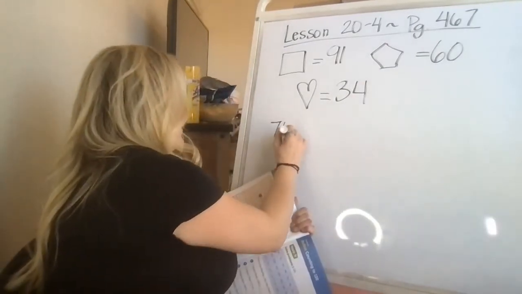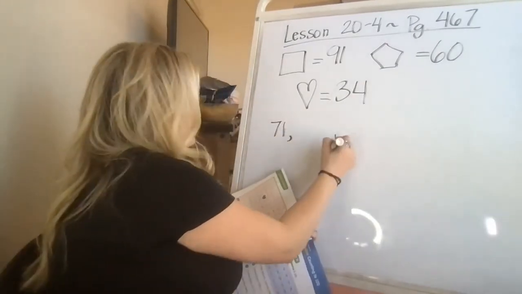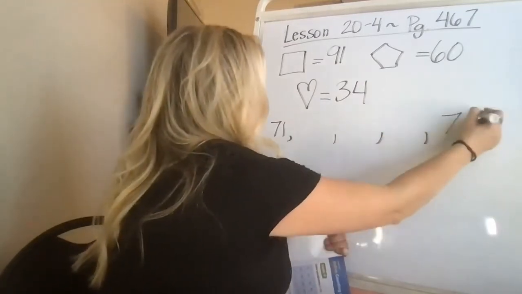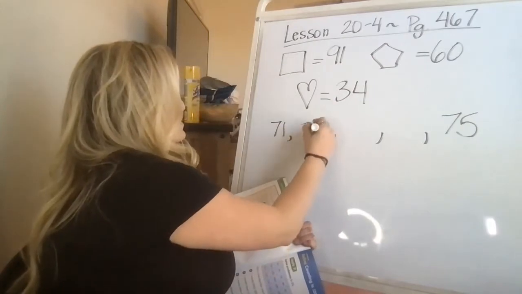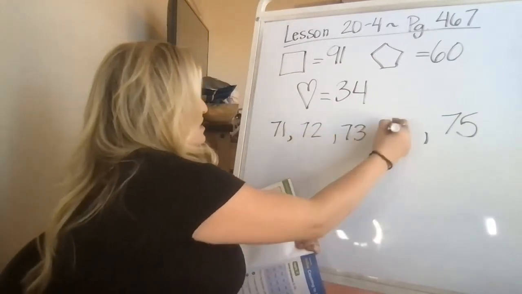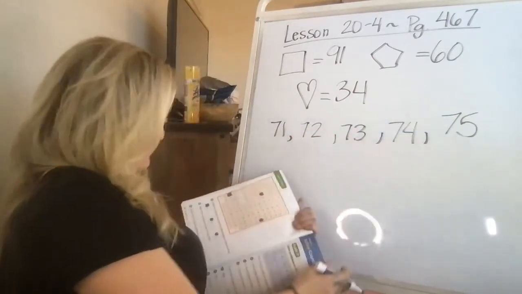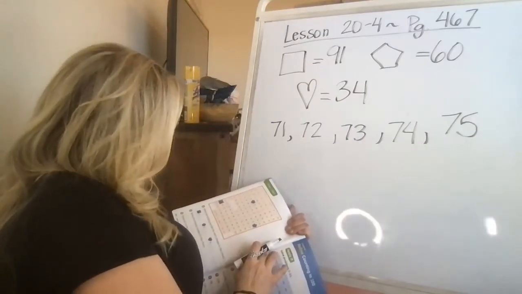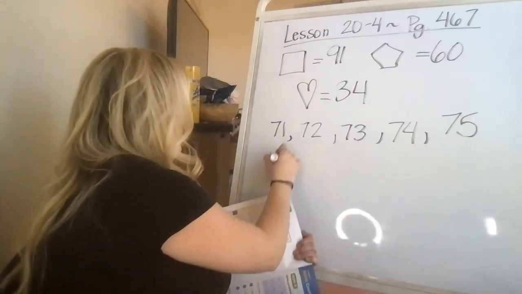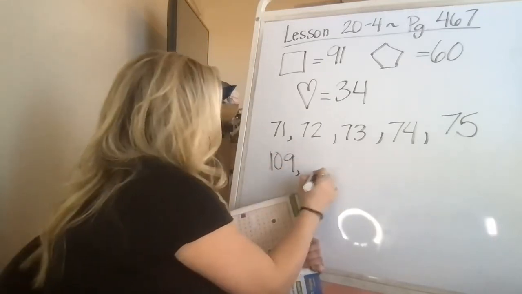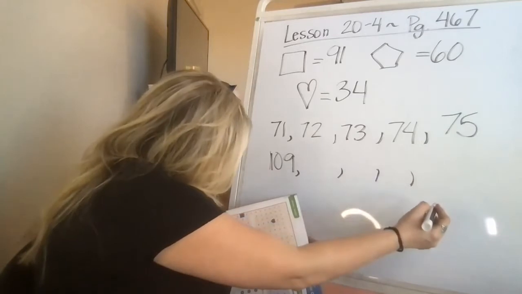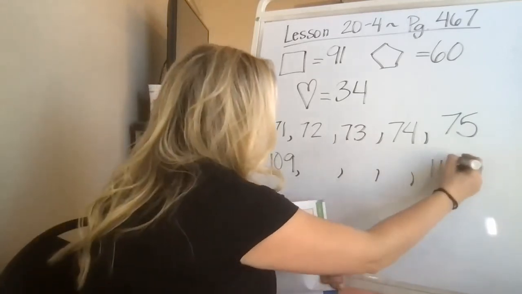Now it says write the missing numbers in the chart. So it starts out at 71, and then there's 3 missing, and it goes to 75. So we're going to do 71, 72, 73, 74, 75. Okay, there's another one missing. It starts out at 109, and then there's 3 spots. 1, 2, 3, and then 113.